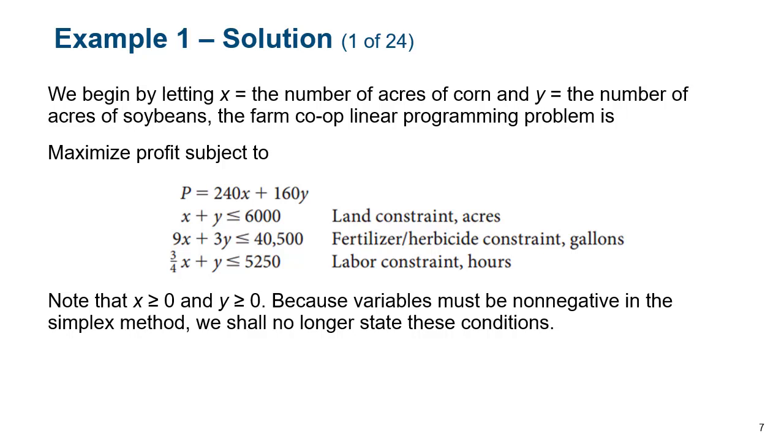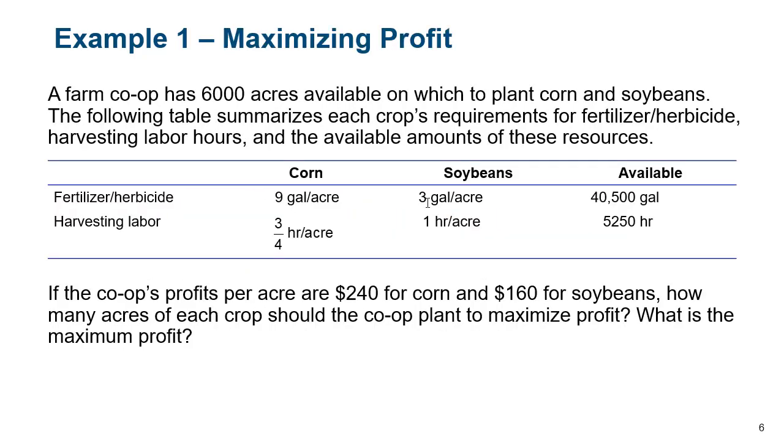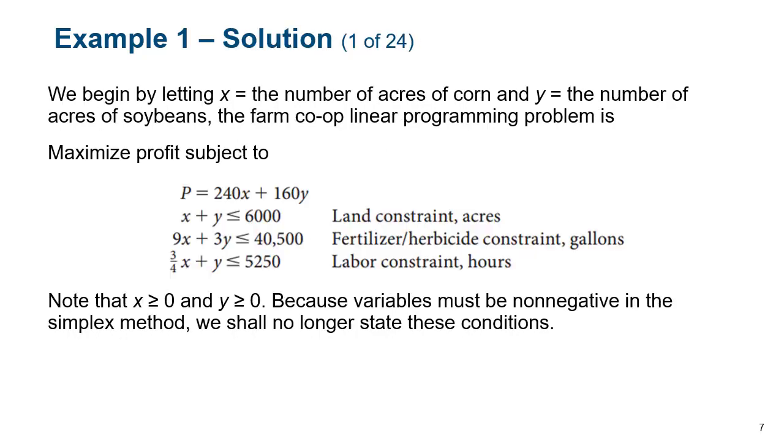We have the fertilizer constraint, so we have 9x plus 3y, because you'll remember the 9 and 3. Then we're going to have 3/4 x plus 1y has to be less than or equal to 5,250. You'll also note that x and y are greater than or equal to 0, because you can't plant negative acres of something. So we've satisfied all of the properties that we need in order to use the Simplex Method.